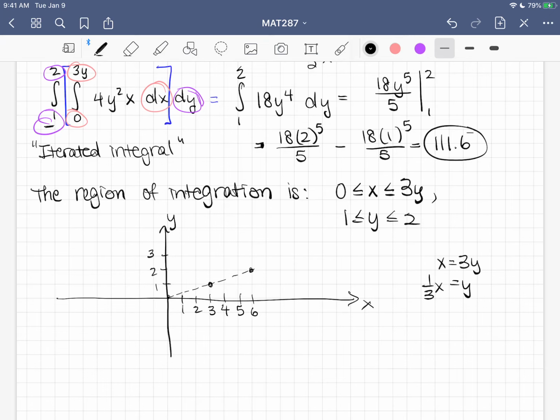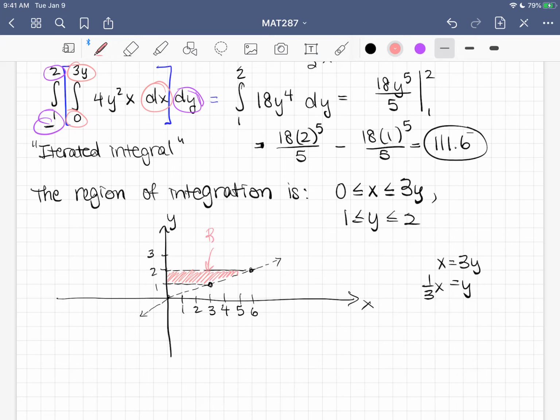And my bounds on y were from 1 to 2. So my region of integration is the region bounded by all of these bounds right here.